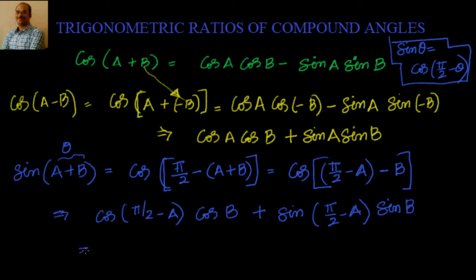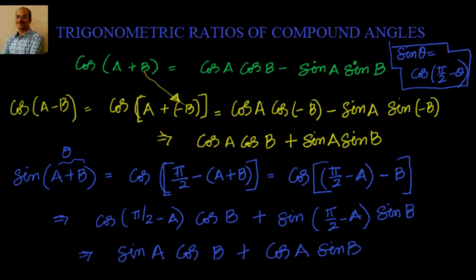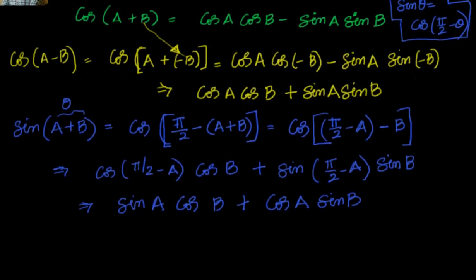Now we know that cos of 90 minus theta is nothing but sine theta. So this becomes sine a cos b plus cos a sine b. Now we are done with sine of a plus b, right?